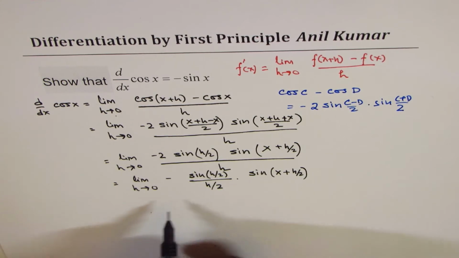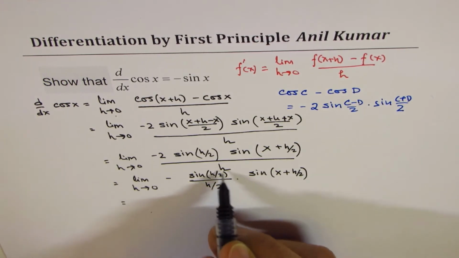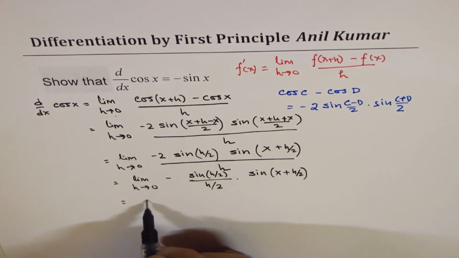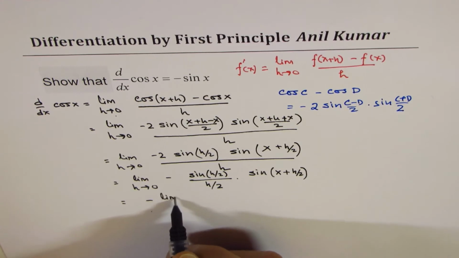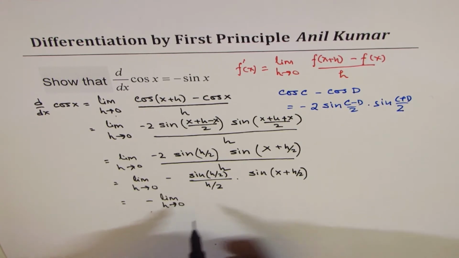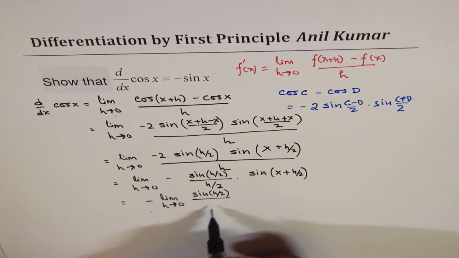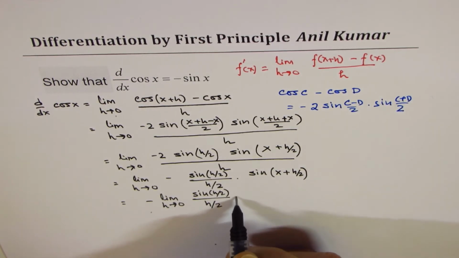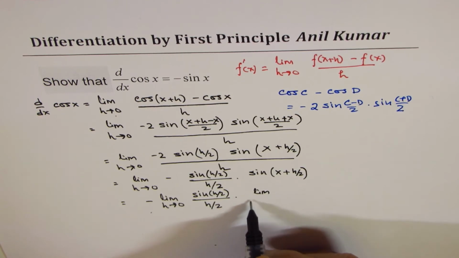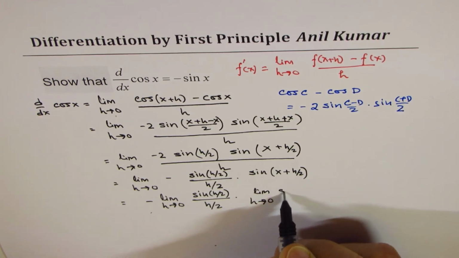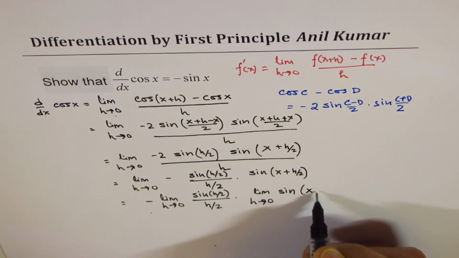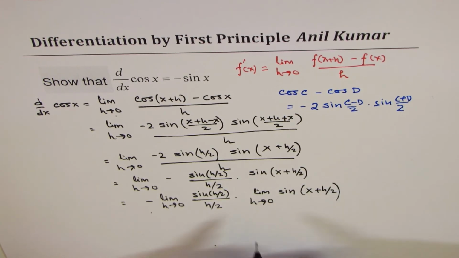Perfect. Now this limit is 1, so I could write this as minus limit h approaches 0 of sine of h by 2 over h by 2 times limit h approaches 0 of sine of x plus h by 2, correct?